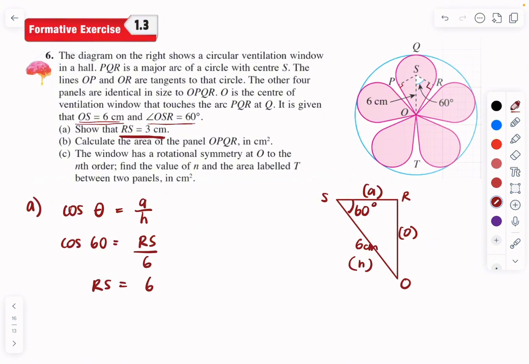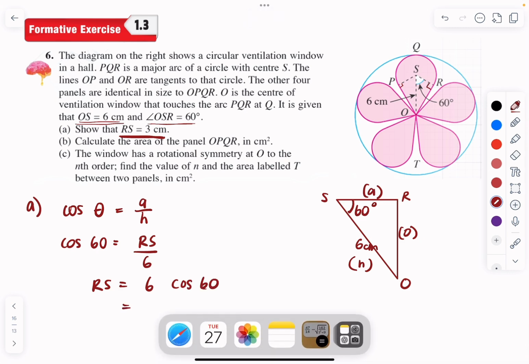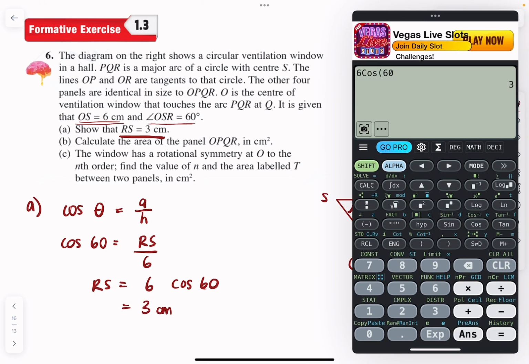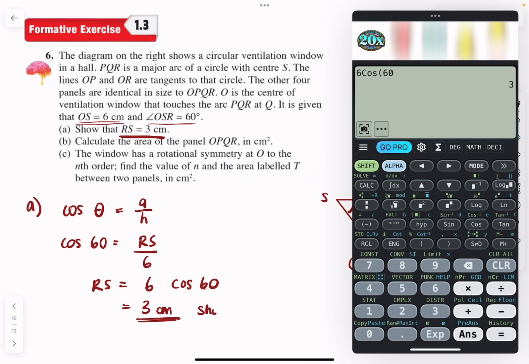So RS is 6 cos 60. Make sure your calculator is in degrees. So 6 cos 60 is 3 cm. Shown. Done.